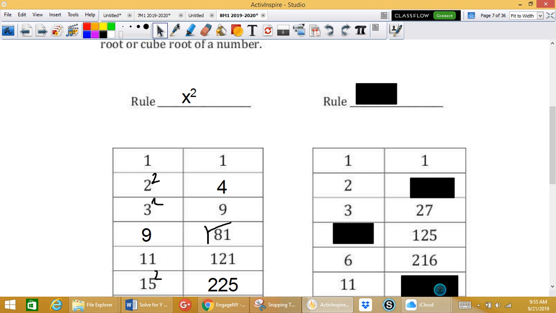So here on the other side, how do I go from 3 to 27? 3 times 3 is 9, times 3 more is 27. So you're doing times 3 times 3, so that's going to be 3 cubed.